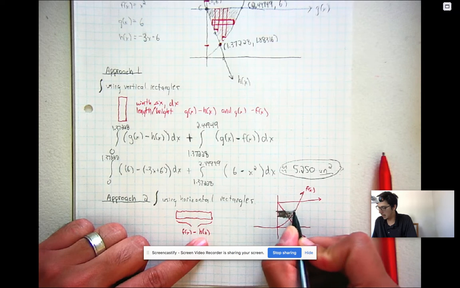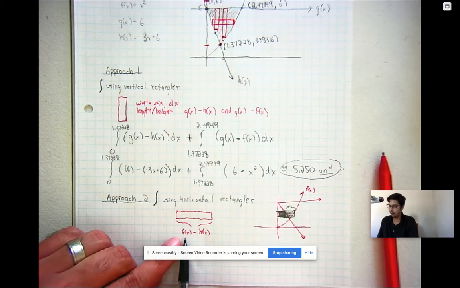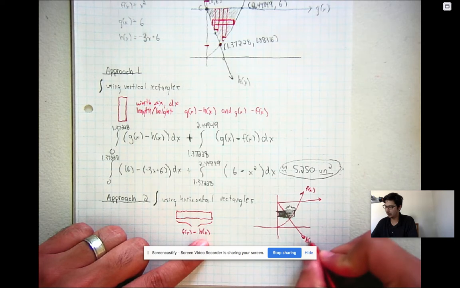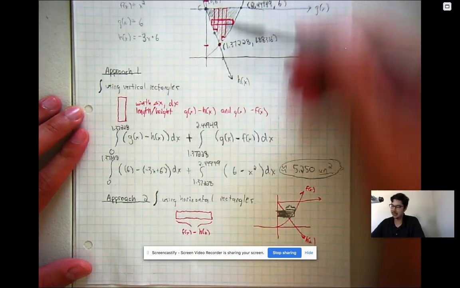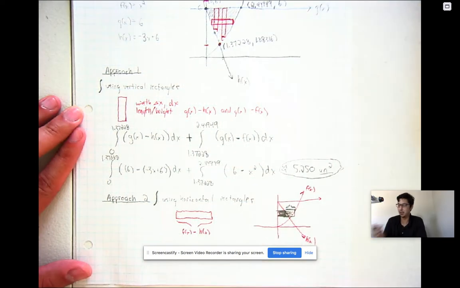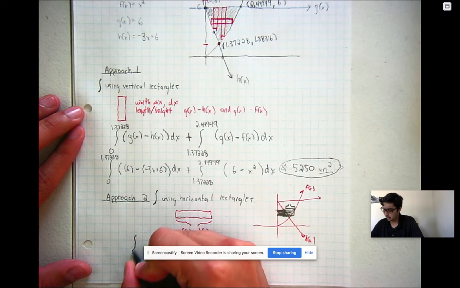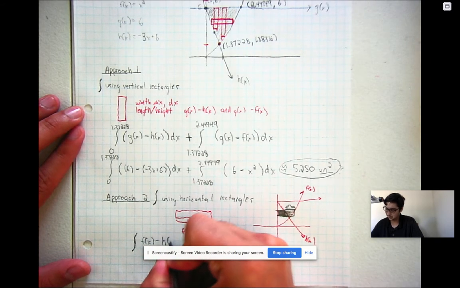And by doing that, this height right there, well, notice that that is f of x minus h of x, where this curve again is h of x. So if we're writing the integral of this, notice that that stays the same throughout. We don't have to consider it jumping at a certain point like we had to do here of writing two integrals. So we know it's going to be f of x minus h of x.